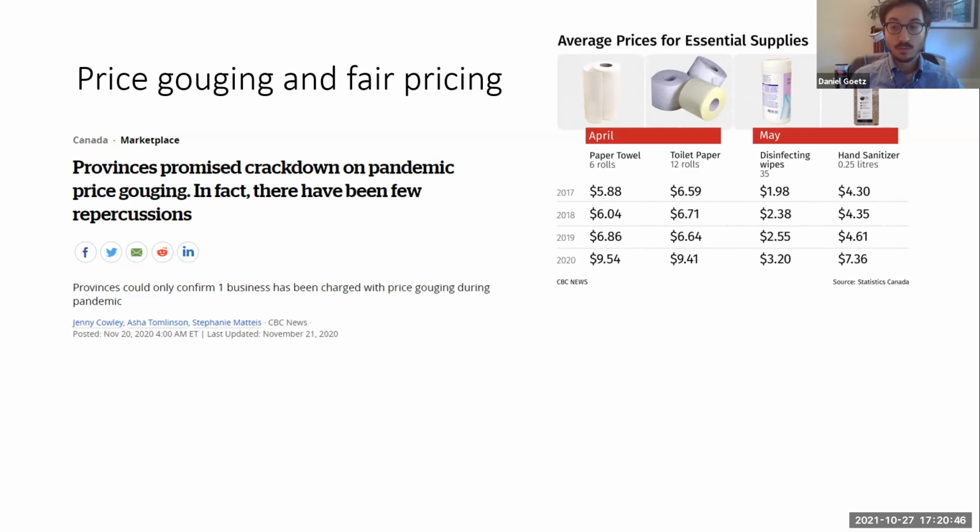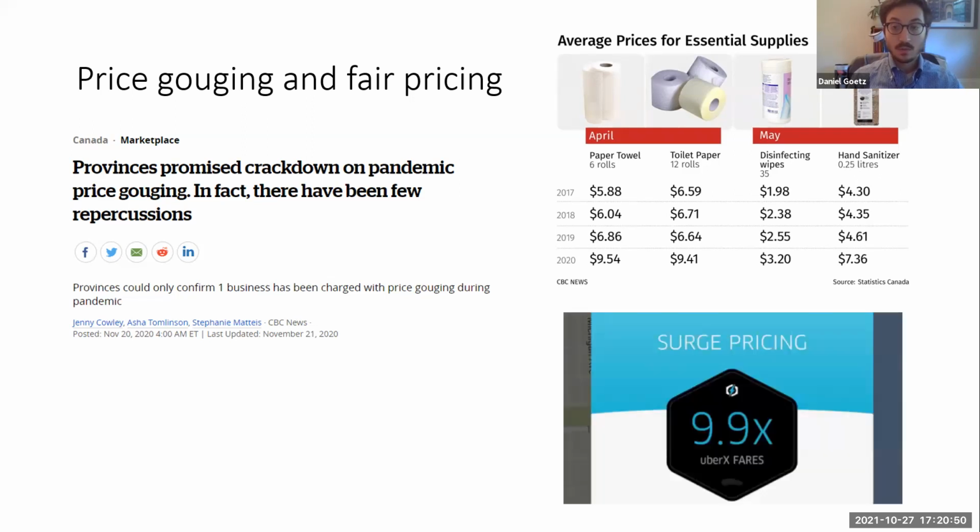Because people would prefer something to be fairly priced. But we also have this, right? Surge pricing. This we allow, right? This exists. So what's the difference between surge pricing and price gouging, if there is a difference?